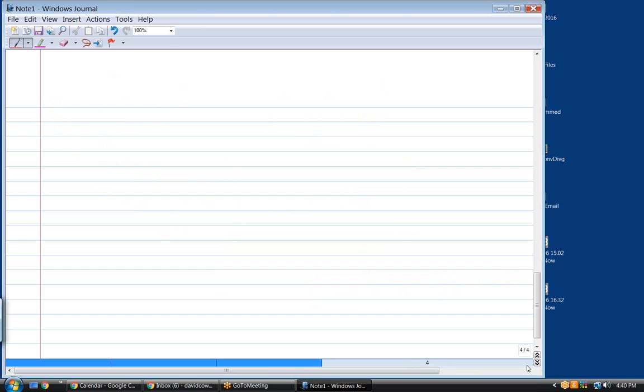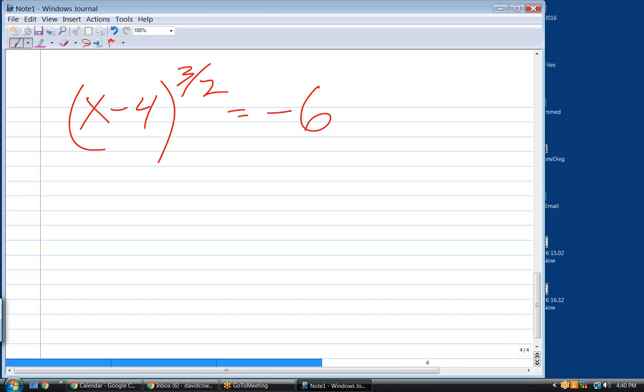Okay. What's the next one? Next one is 28. (x - 4) to the 3/2 equals -6. Even these problems could be verbalized pretty easily if I did not have your book. But as long as I have your book, there's no reason to verbalize them. Although, there is something to be learned by verbalizing problems, because you probably never get a chance to do that in class.